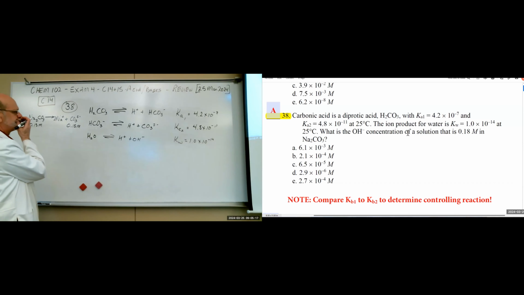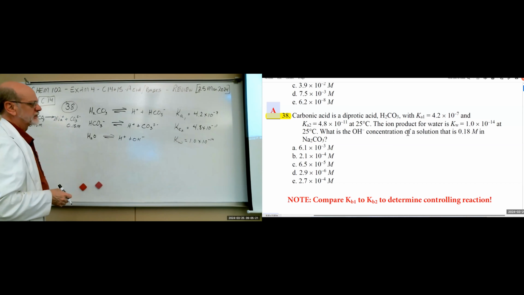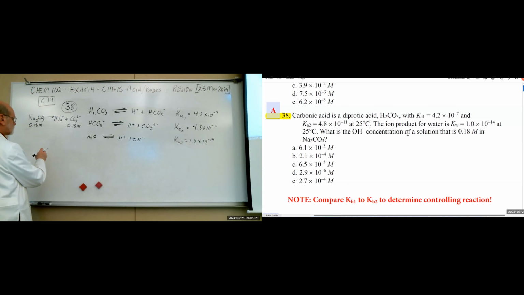You know what? I'm barking up the wrong tree. If we have this concentration in here, what reaction is actually determining the pH?